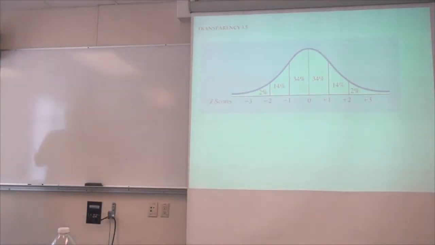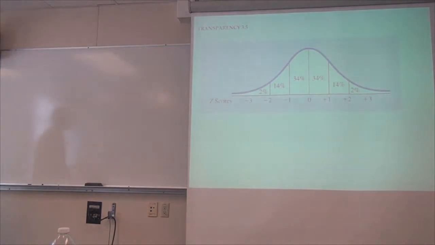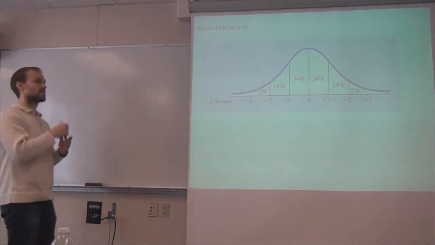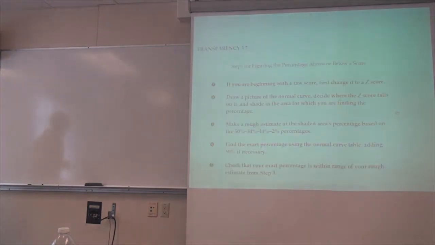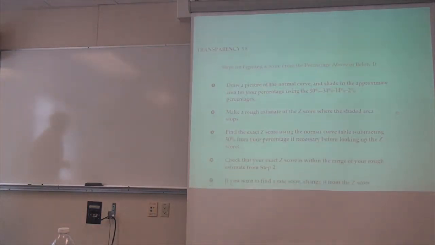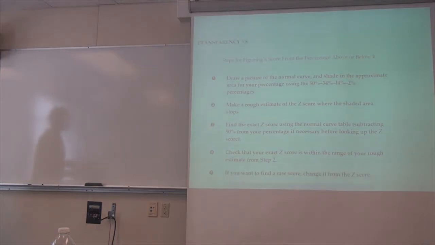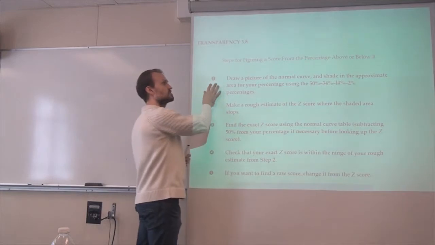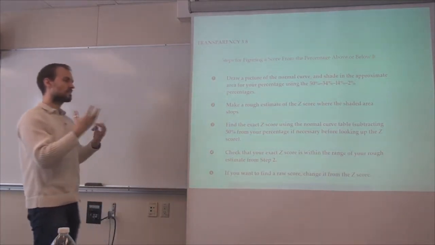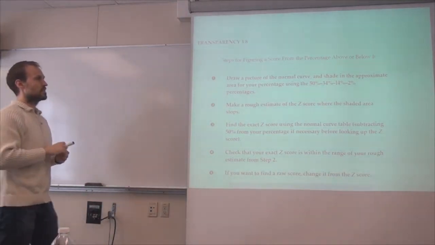So the question now is linked to the idea of percentiles. Given the percentage, what is the score? For that, the steps are similar. I want to just visualize what I'm given, what I'm trying to find.